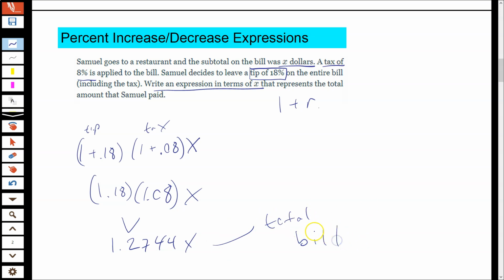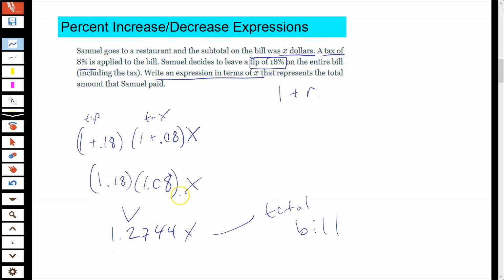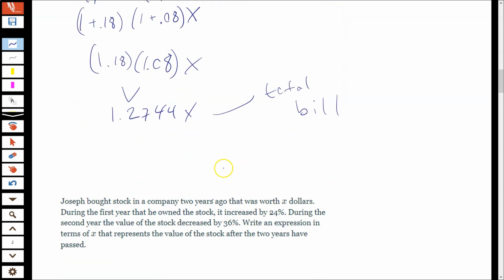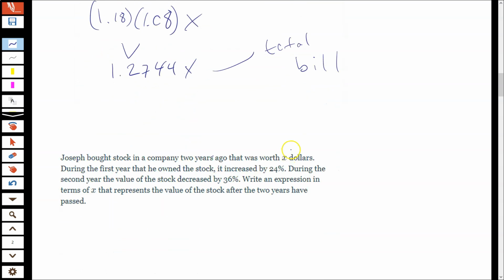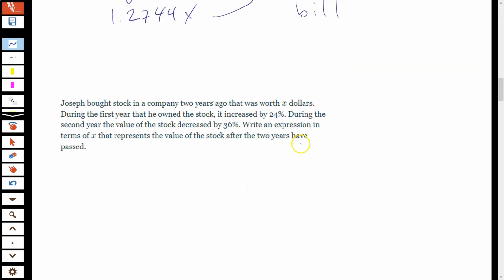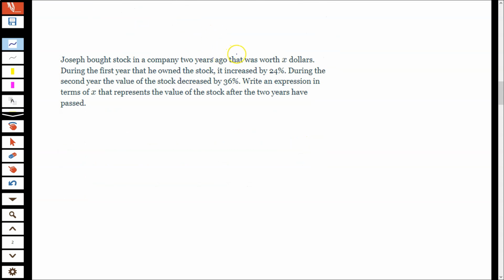So same thing as before. If you flew through the last set of problems, you're going to fly through these as well. The only thing we have to read for is whether we're increasing or decreasing. Okay, so we'll see that in this one. So here he's buying a stock, which most of you probably have not done as 16 and 17-year-olds.